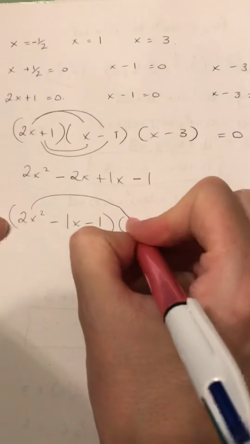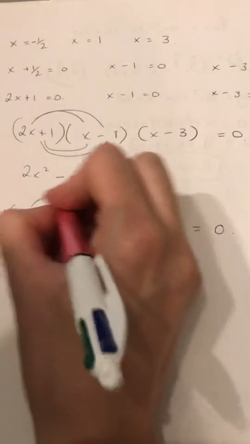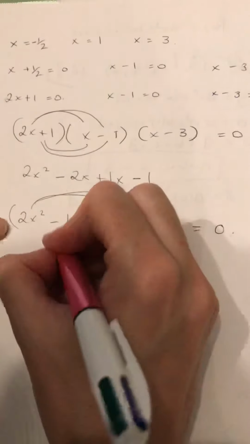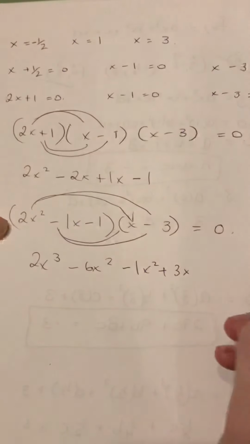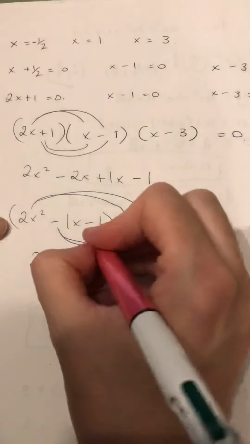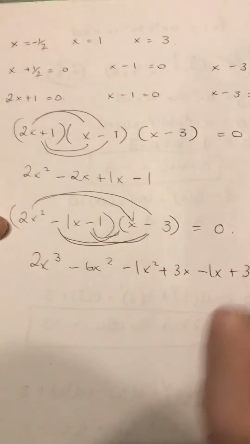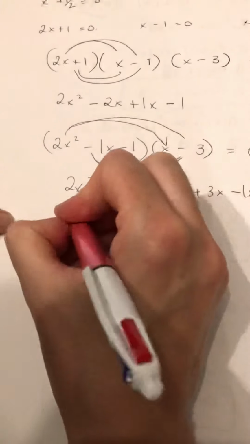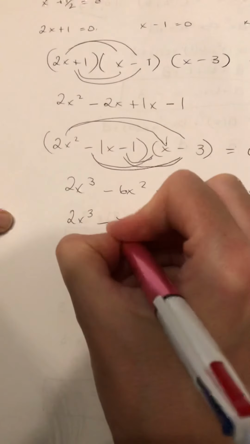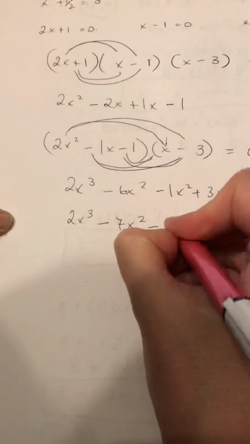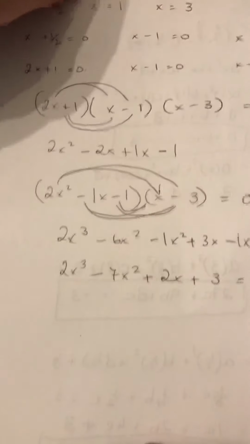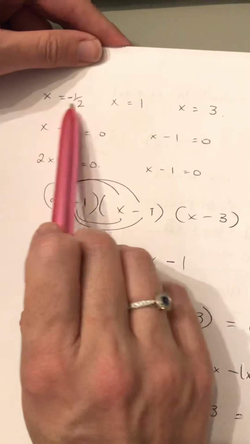So now we have 2x cubed minus 6x squared minus 1x squared plus 3x minus 1x plus 3 equals 0. I have 2x cubed minus 7x squared plus 2x plus 3 equals 0.